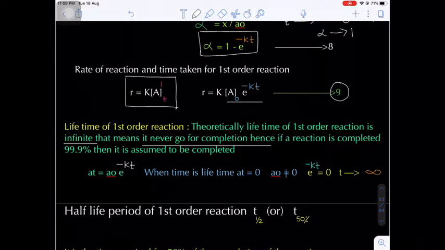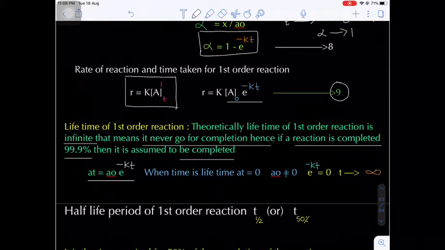For practical purposes, a reaction that is 99.9% completed is assumed to be completed, but theoretically these reactions never go to completion. Because what is the concentration of a reactant at a time interval t? At is equal to A0 into e to the power minus kt. Now at the end of the lifetime, the concentration of the reactant should be equal to 0.